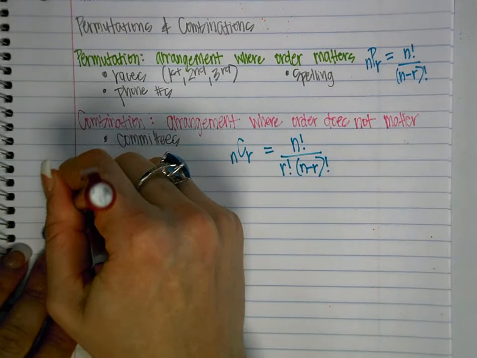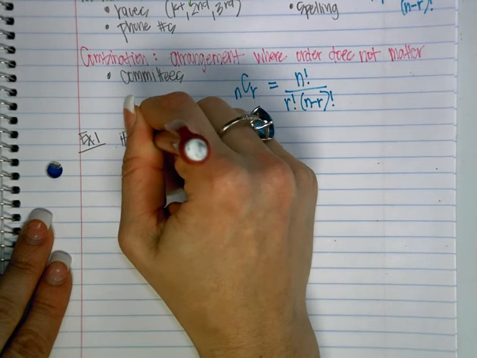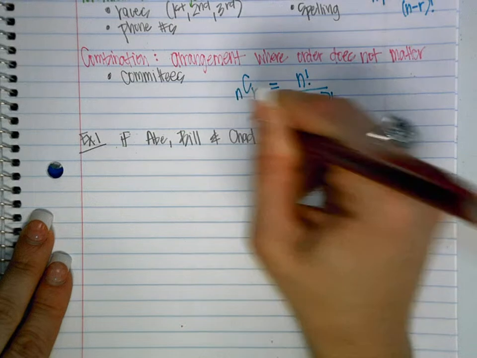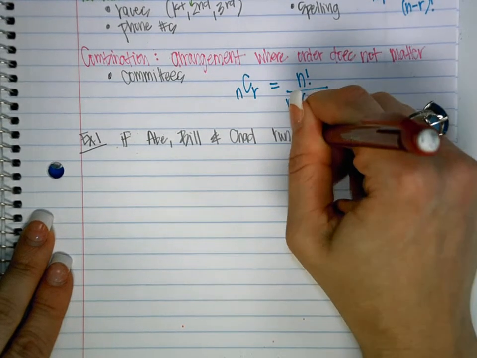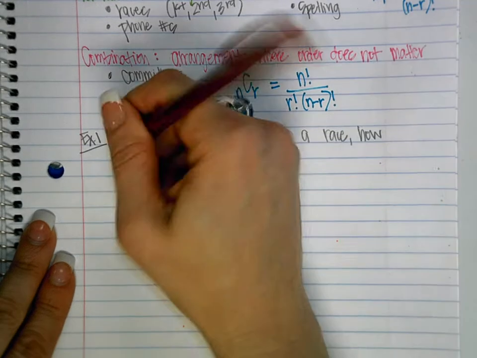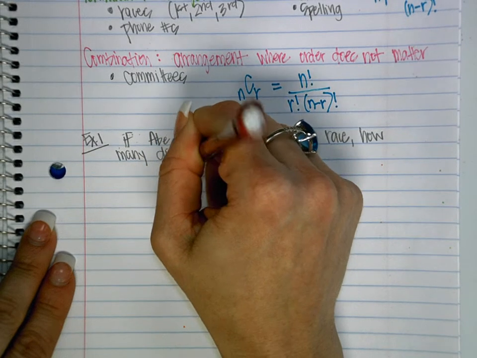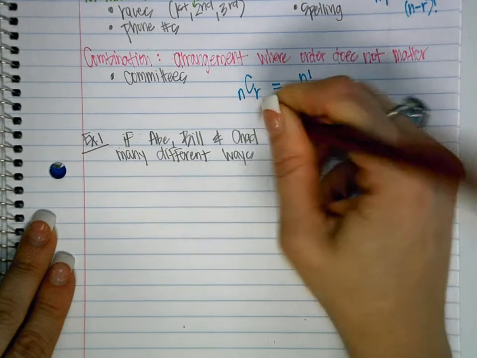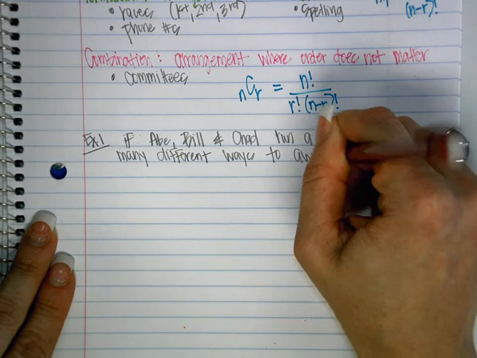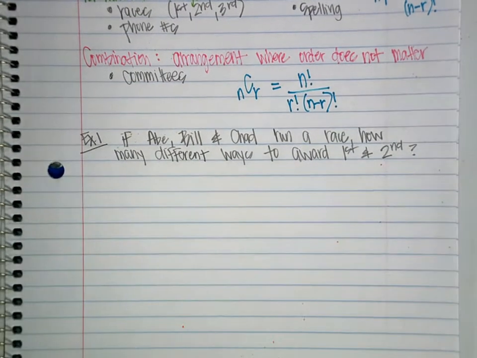Okay, for example number 1. Abe, Bill, and Chad run a race.